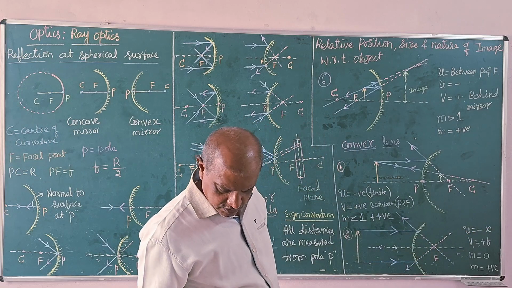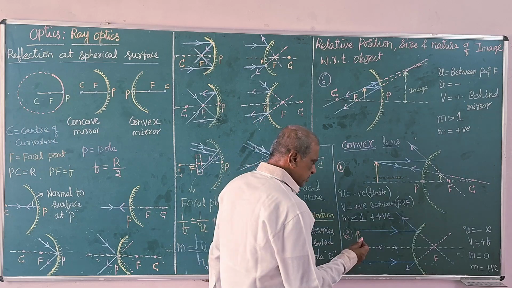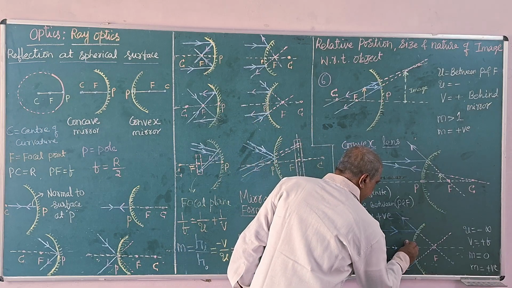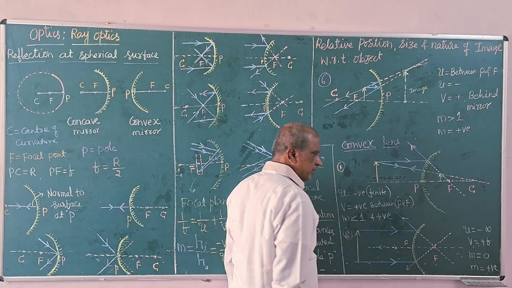These are the symbols; this point is P of the mirror.